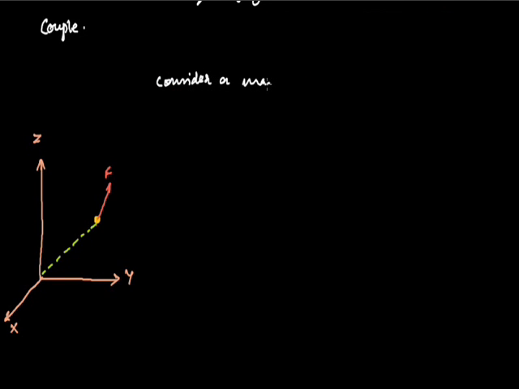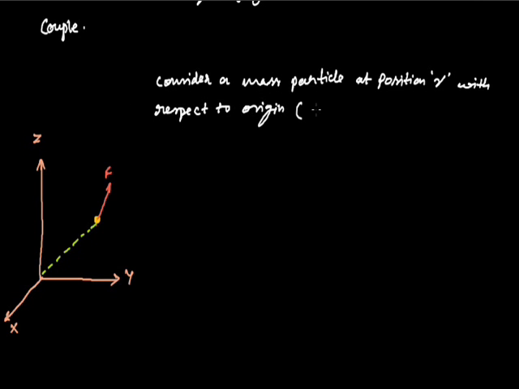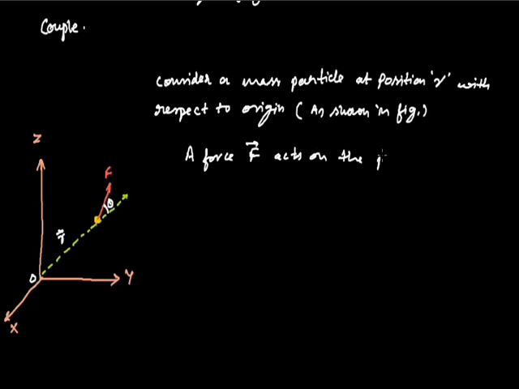Consider a mass particle at position r with respect to the origin, as shown in the figure. A force F acts on the particle in the direction shown in the figure.